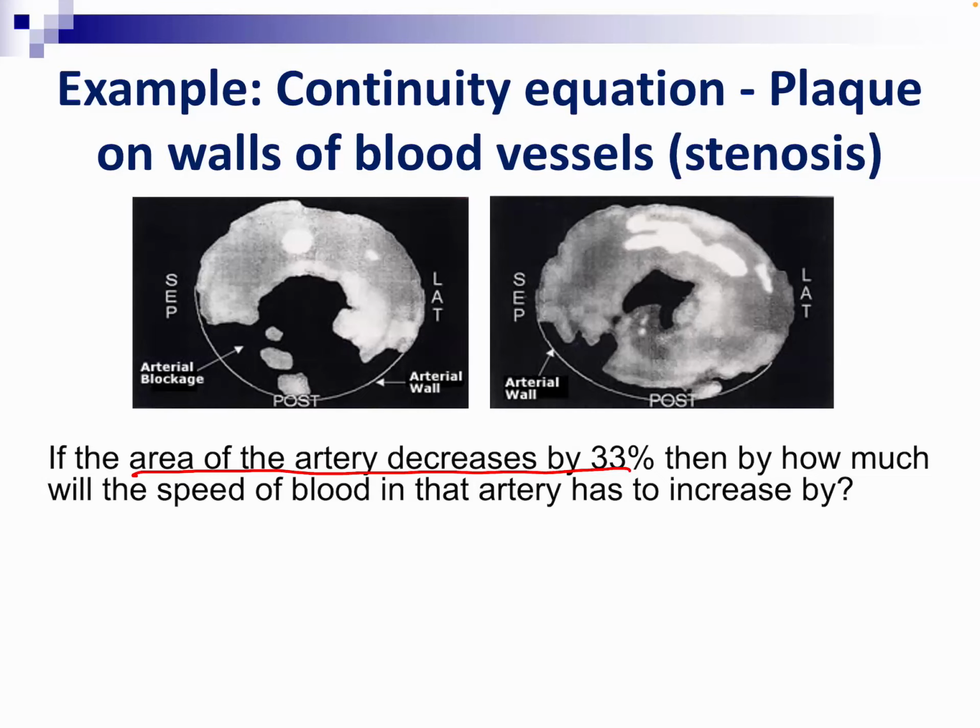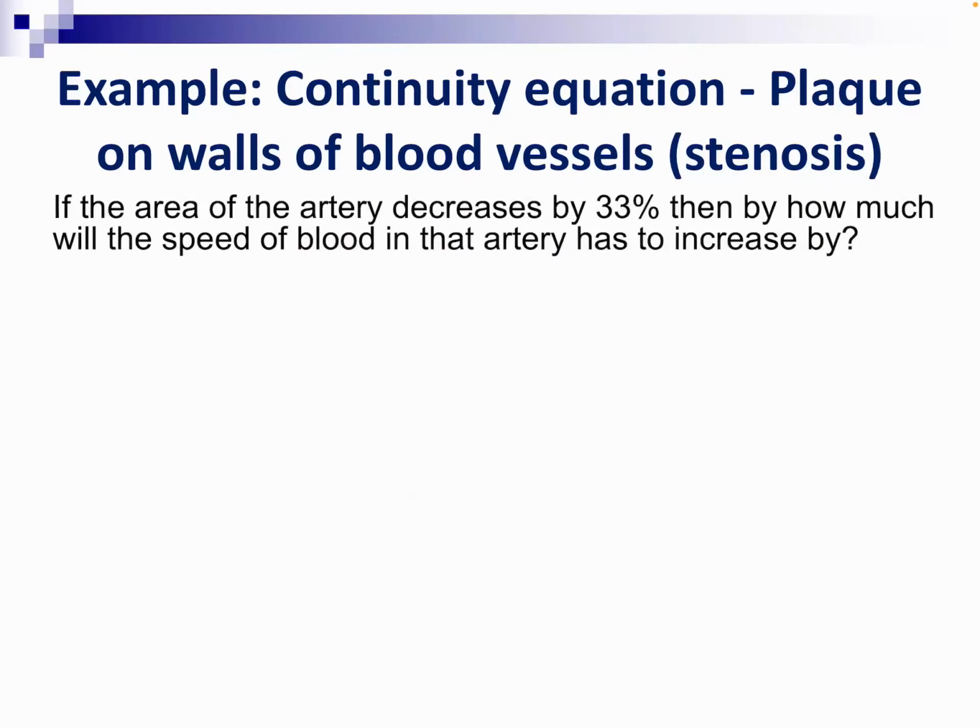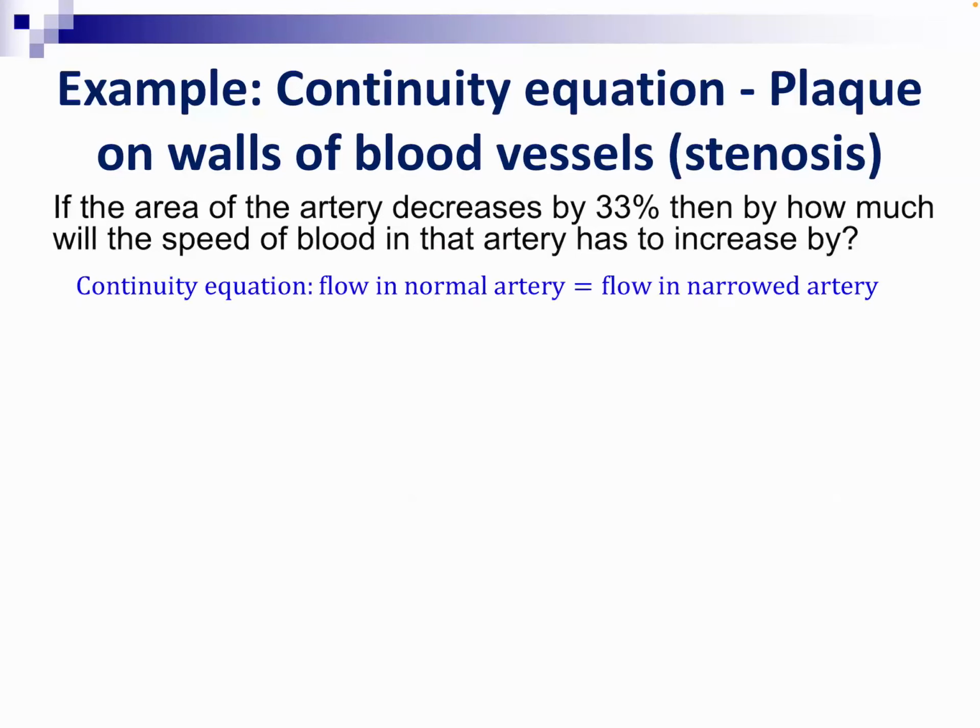All right, again, percentages. Okay. So we know the continuity equation says that the flow rate in the normal artery should be equal to the flow rate in the narrowed artery, meaning A1V1 is equal to A2V2. And what we are after is, first we need to figure out what's the new area.